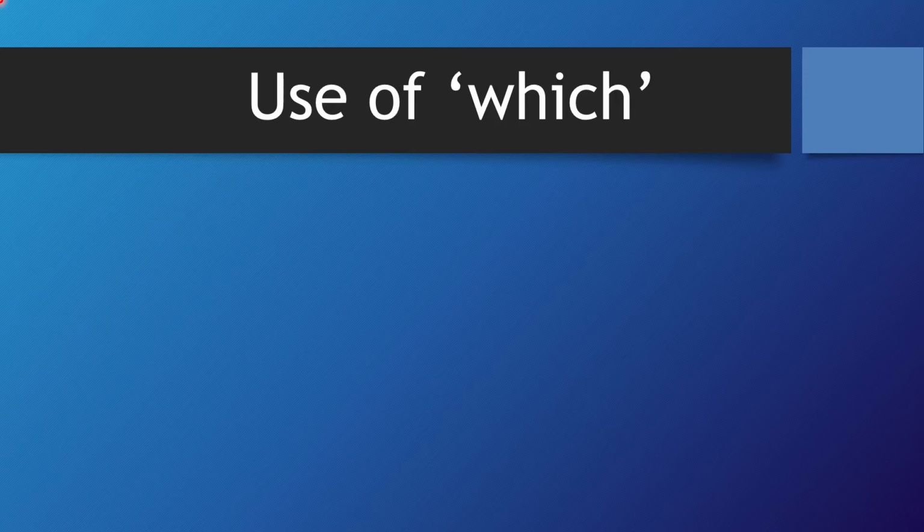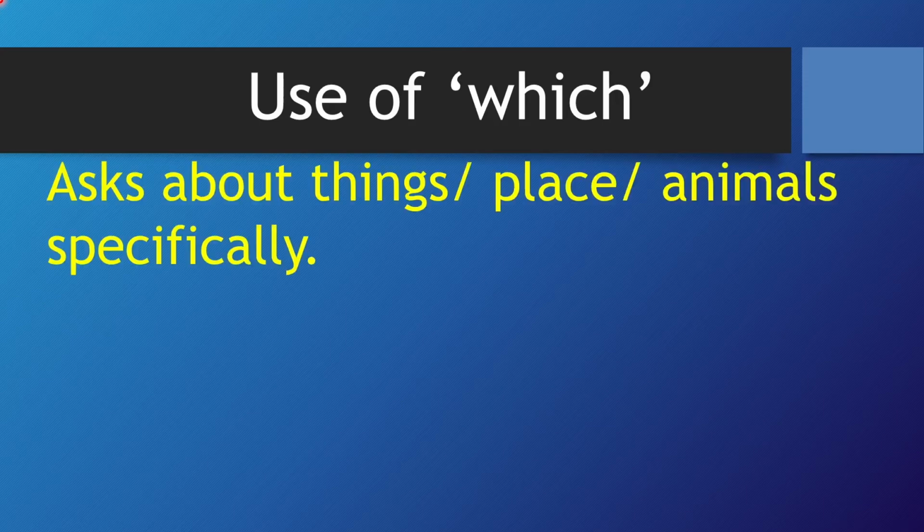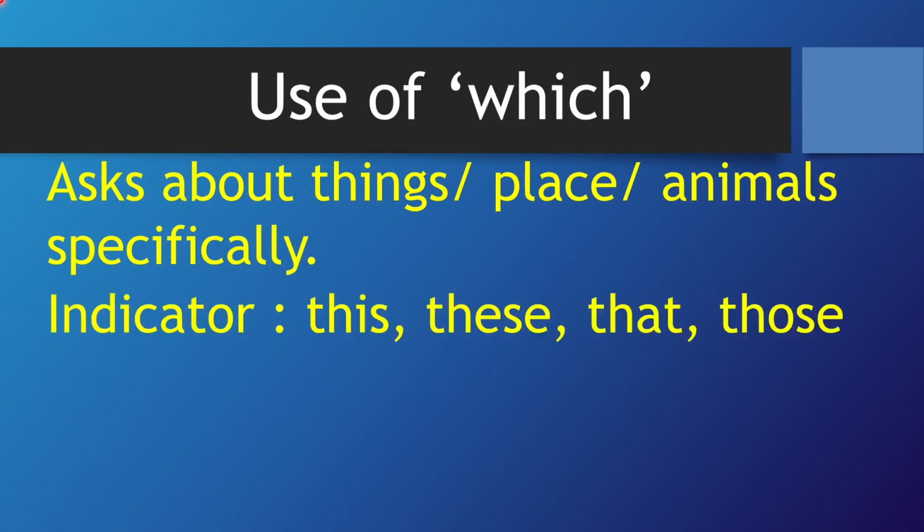Now let me show you the use of which. Which asks about things, place, animals specifically. And there are some words. If you find these words in the beginning of any sentence, the question will obviously start with which. They are this, these, that, those. But not all the time.